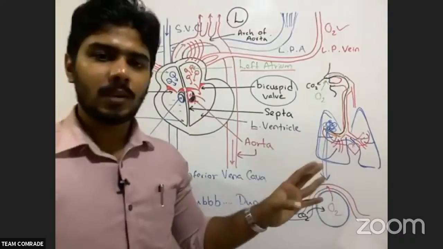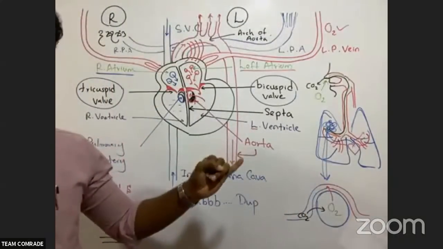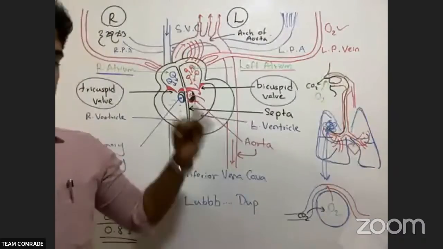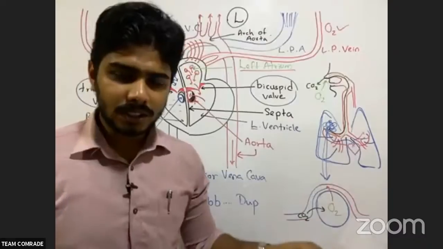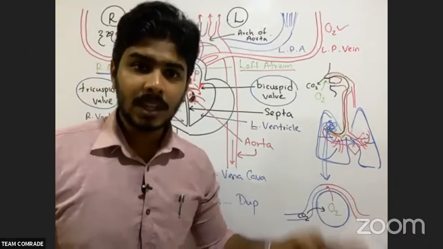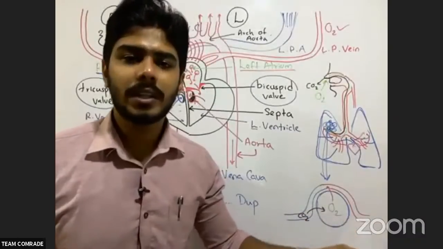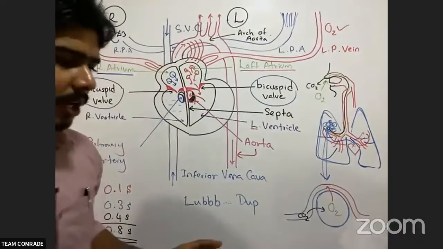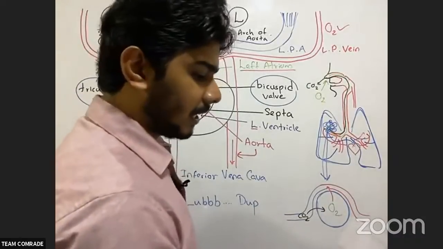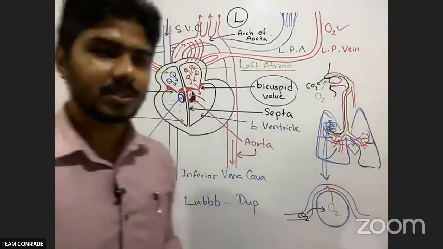So if you are asked what a circulatory system is, what will be your answer? It's a closed system which transports blood throughout the body. That is what we call a circulatory system. Then the organ that pumps blood into the blood vessels of the circulatory system is known as what?